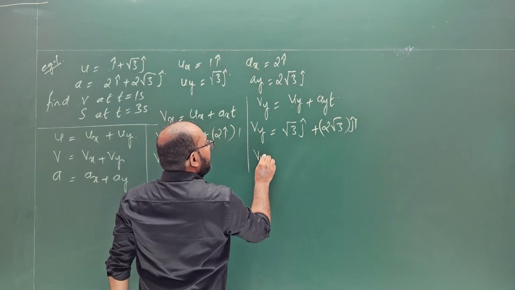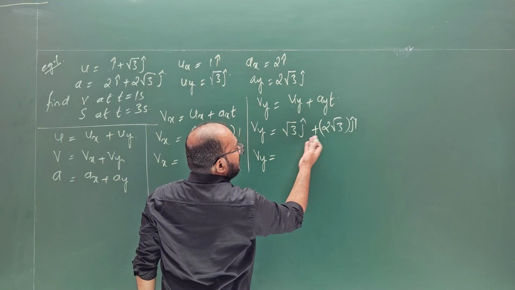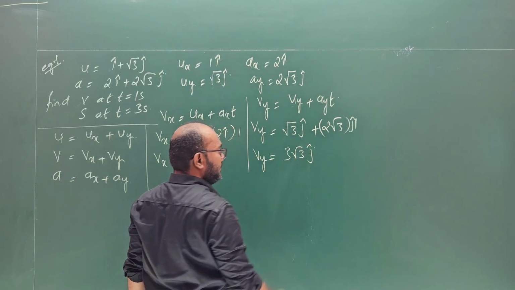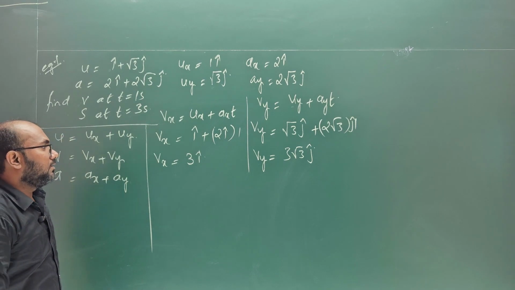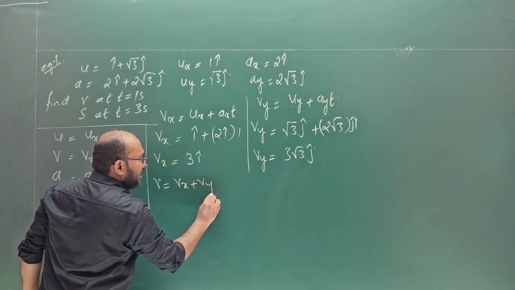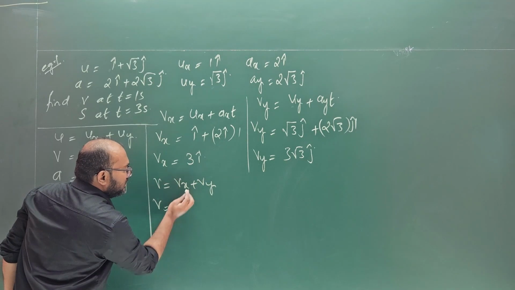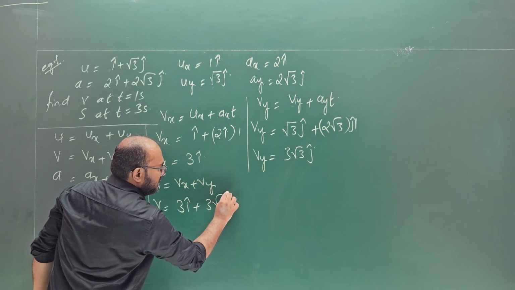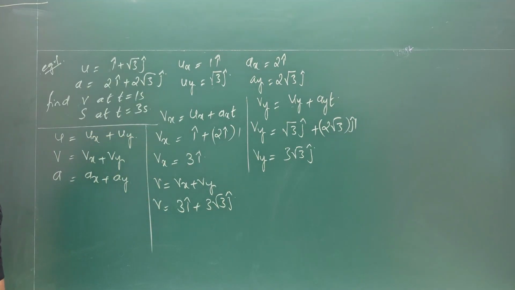Can I say that Vy is nothing but 3 root 3 j cap? Okay. Now, can I say that V is nothing but Vx plus Vy, then V is equal to 3 i cap plus 3 root 3 j cap. I got my point. This is the velocity in meter per second.